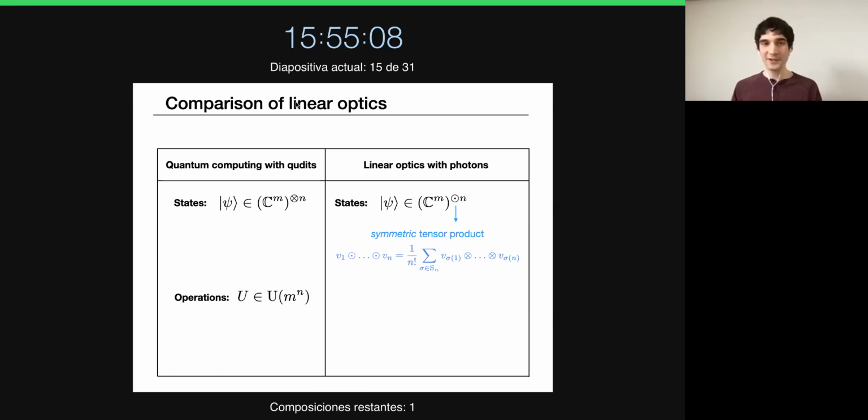And your operations in normal quantum computing are m^n by m^n unitary matrices, whereas the operations that you have in linear optics is you take a single unitary which acts only on one subsystem, on a single photon with m levels, and then you apply its n-fold tensor product. So you apply the exact same transformation to all your photons.